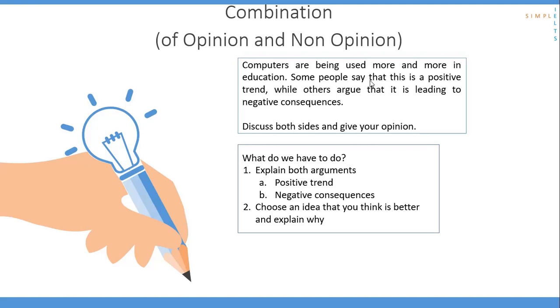And actually you can either write down a conclusion, or you can also not write it down. It's okay. But if you have time, you can write down the conclusion. But if you're running out of time, you don't have to do that. But these are the two things that you have to do in dealing with this type of essay.